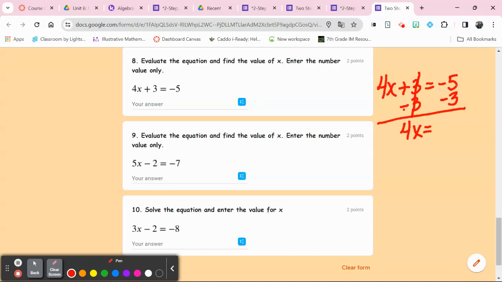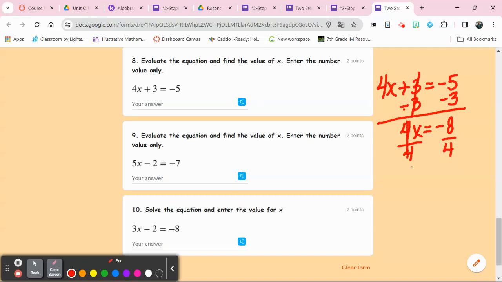On this side, remember, it's always addition with signs. That's negative 5 plus negative 3. Same sign, we keep the sign, we add the numbers up. Now we're left with 4 times x equals negative 8. The opposite of multiplying by 4 is dividing by 4.